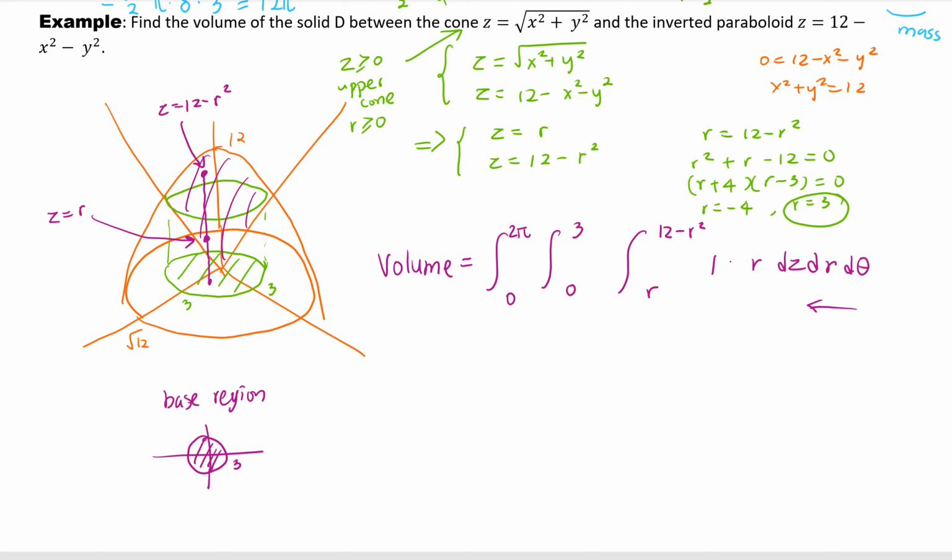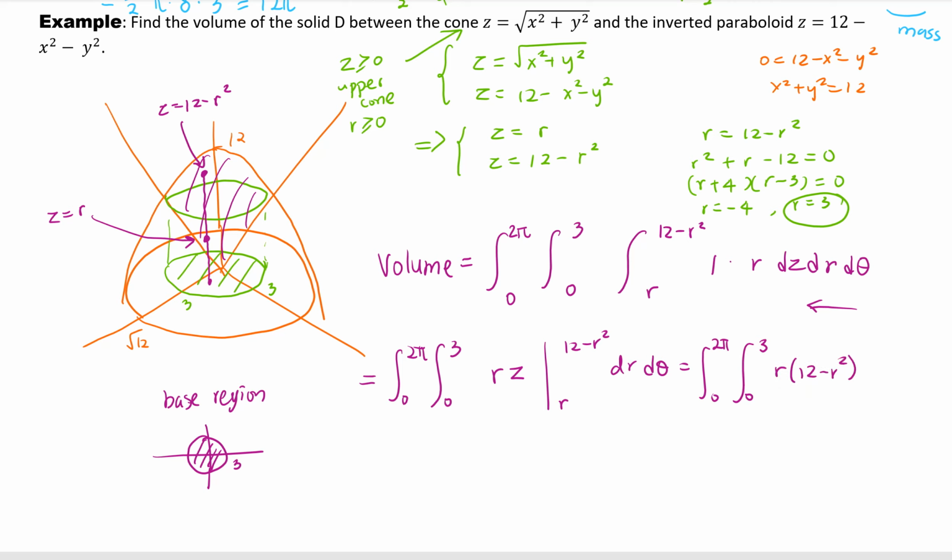Okay, let's continue to solve this triple integral. The integral with respect to z, then it's r times z, evaluated from r to 12 minus r squared, dr d theta. Okay, so we plug in 12 minus r squared, minus we plug in r, dr d theta. So far so good, everybody? Let's distribute it.